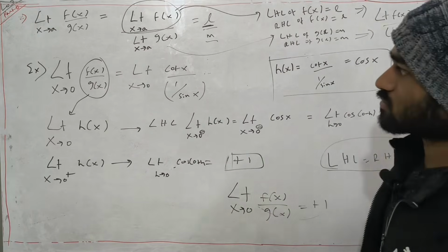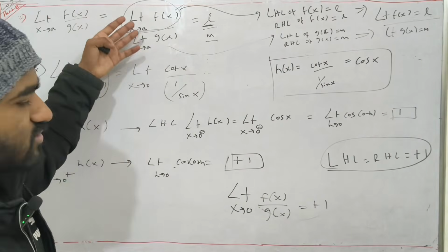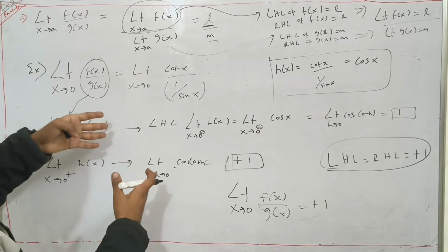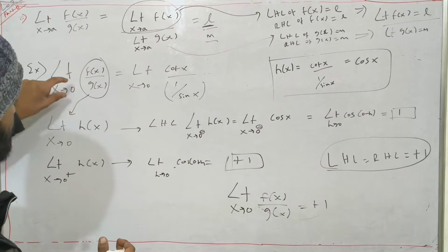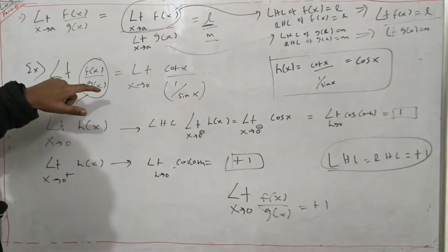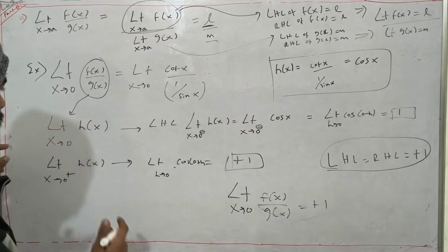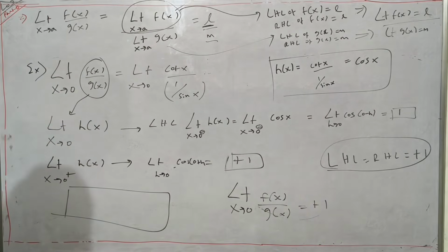But here, when the individual limits don't exist, then you assume that this is a single function, and the single function is h of x, and you take the left hand limit of the whole function f of x by g of x, that is h of x.